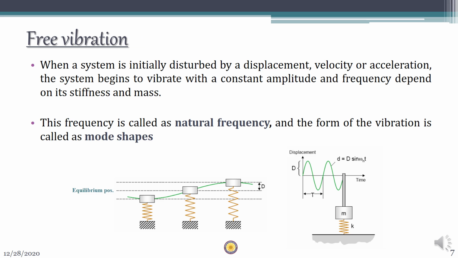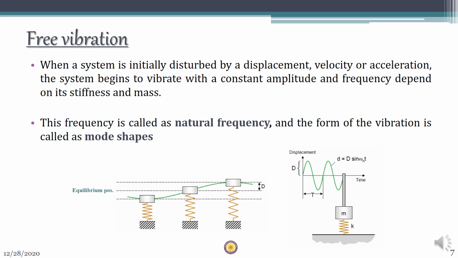Now free vibrations. For every vibration to start, there should be some initial disturbance, which can be an initial displacement, initial velocity, or initial acceleration, so as to set the motion into beginning.